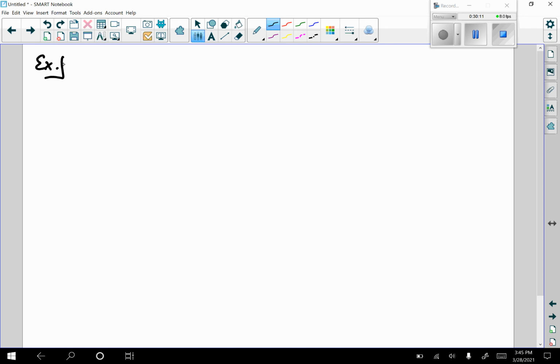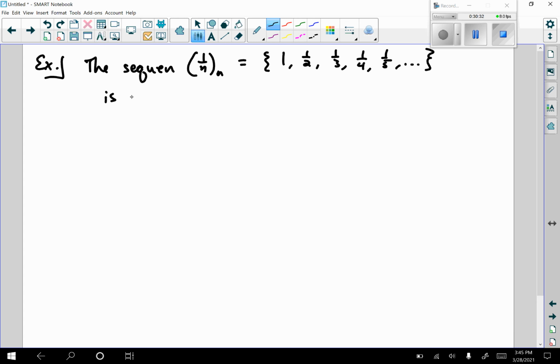So we'll look at this example, the sequence of 1 over n, which again equaled 1, then 1/2, 1/3, 1/4, 1/5. We could clearly see the terms are decreasing, so we would say this is a decreasing sequence.